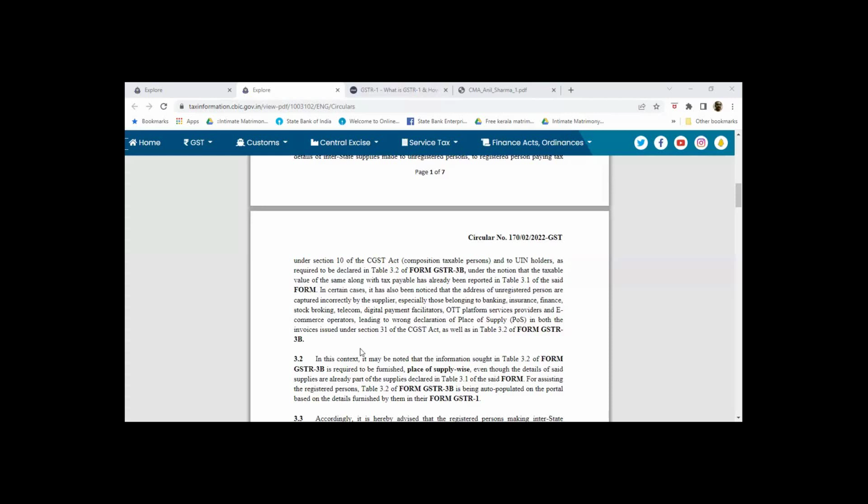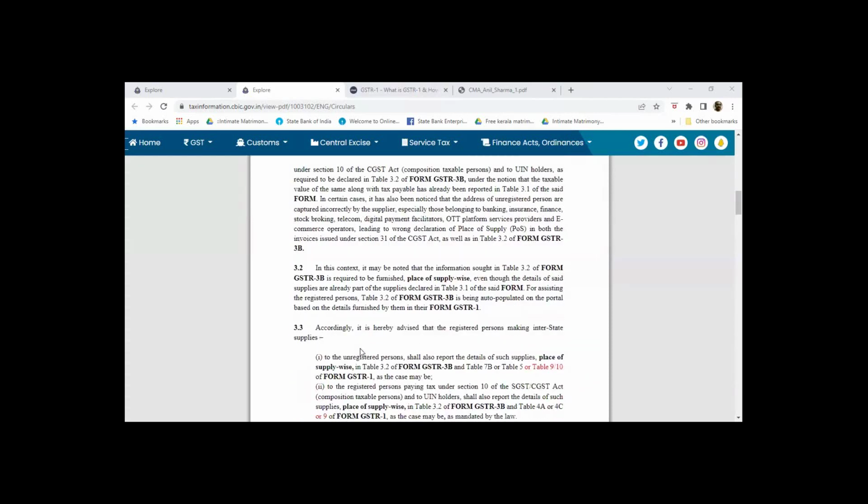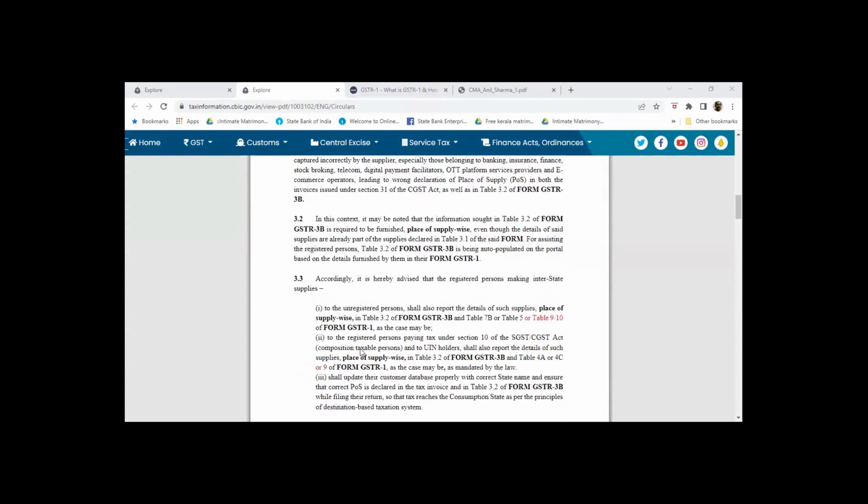The information required to be furnished in table 3.2 of Form GSTR 3B, it is required to furnish place of supply wise. These supplies are already declared in table 3.1.